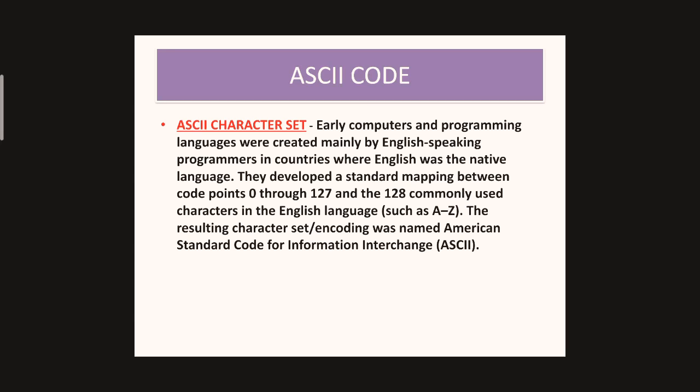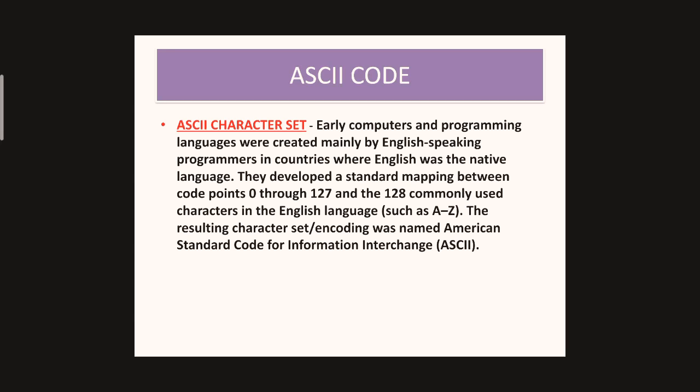Basically, all these things the computer can't understand. Computer only understands binary digits. So ASCII codes are given for each of the characters so that the programmer can write the code in English but the computer can understand it with digits.